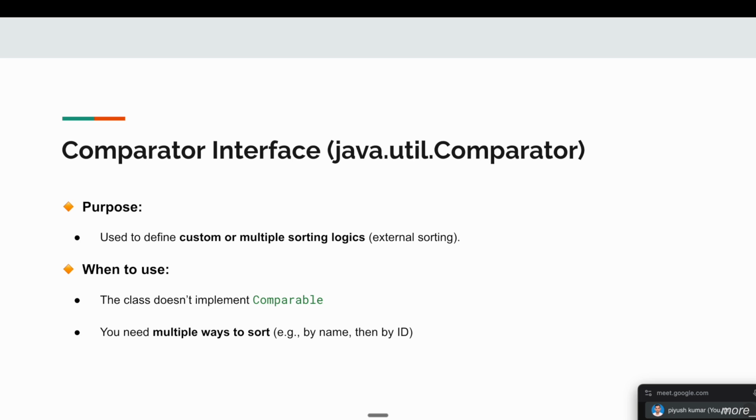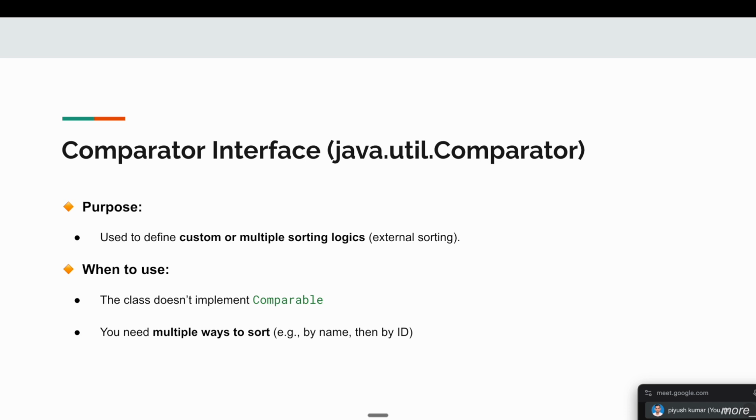The next difference is that one is used for natural sorting order, the other for custom sorting order. And Comparable makes the changes on the class level, and Comparator does not implement Comparable. I mean, the change does not happen on the class.